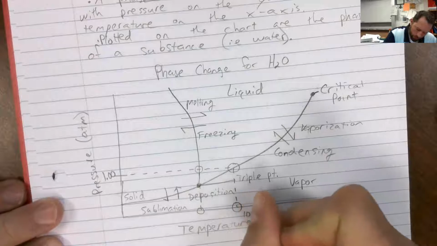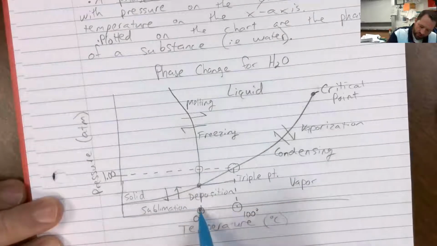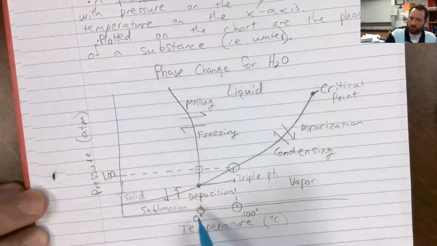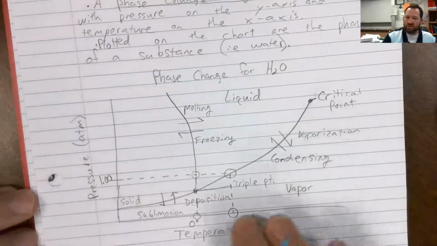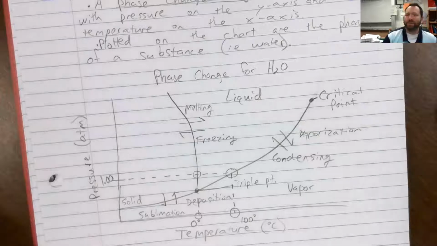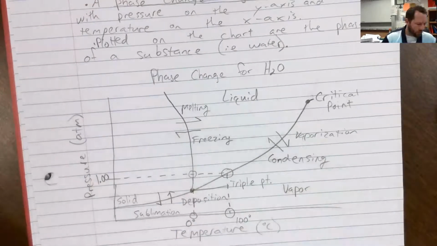For water, this is at 100 degrees Celsius. This one's at 0 degrees Celsius. Those are the normal melting and boiling points for water. The whole Celsius scale is based on water. So it freezes at 0 degrees and boils at 100 degrees.